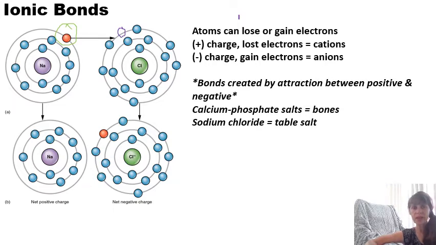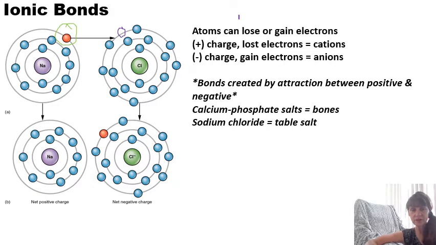When sodium and chlorine approximate, get close to one another, what happens is the electron from sodium actually leaves the valence shell to join the valence shell of chlorine. And when that occurs, you'll notice that chlorine on the bottom has a negative sign attached to it because it has gained a negative electron.